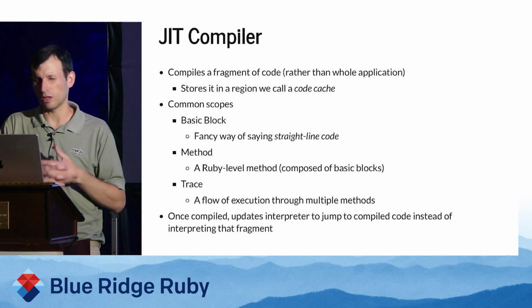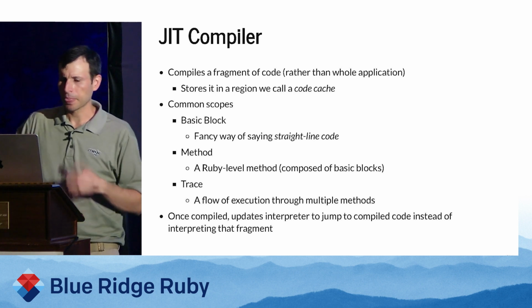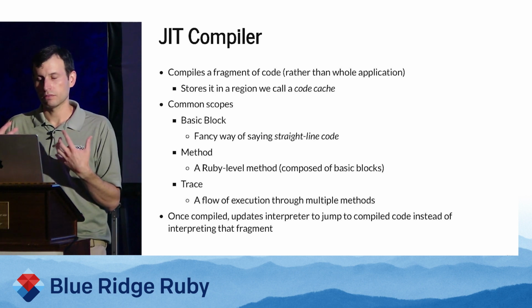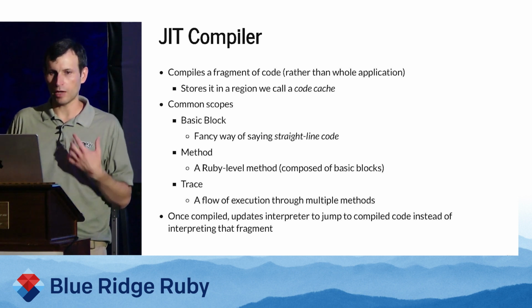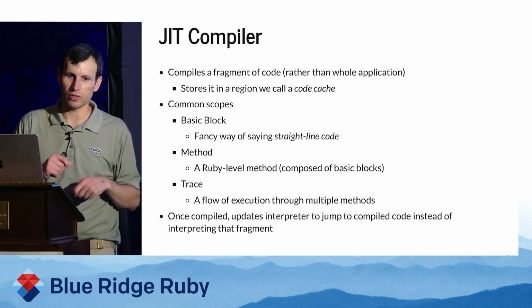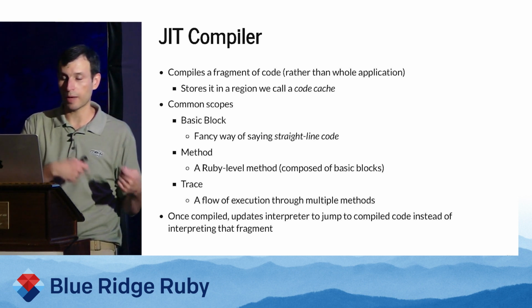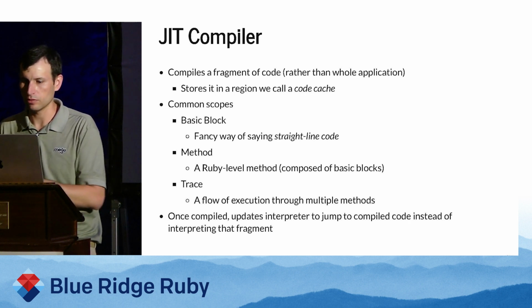There was one called Topaz at one point, but I don't think it's actively developed. But once the JIT compiler generates its machine code and stores it in the code cache, it updates its own internal state. So now when you call that Ruby function, instead of taking you to that part of the interpreter to execute it, it jumps over into the machine code.